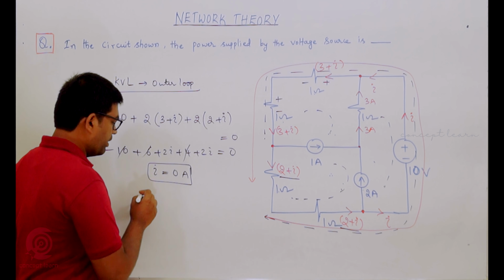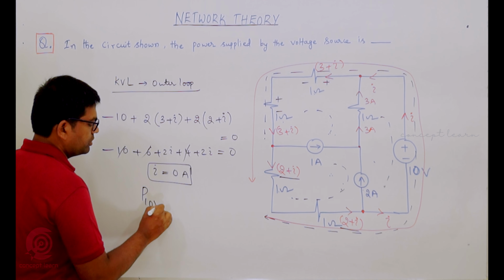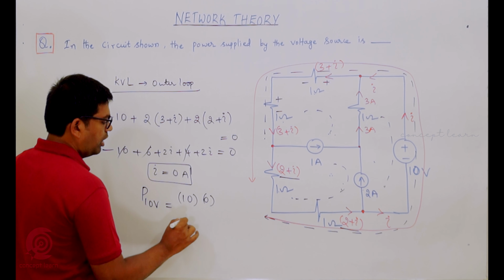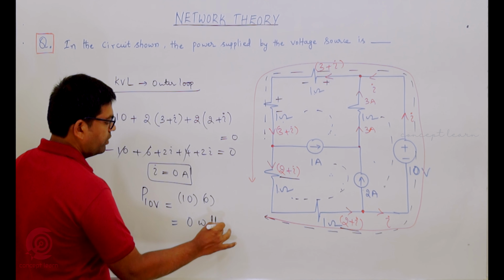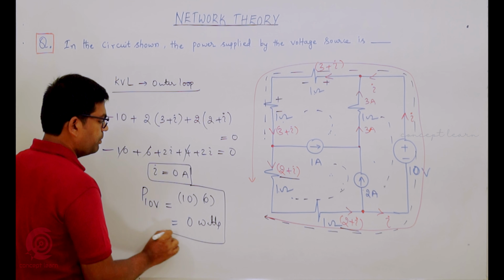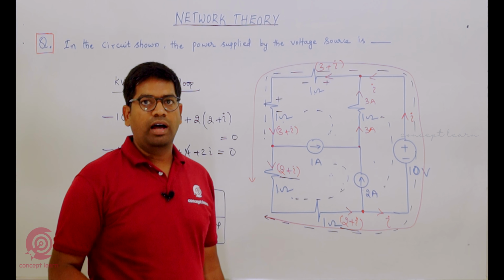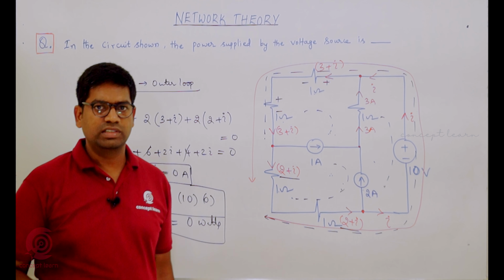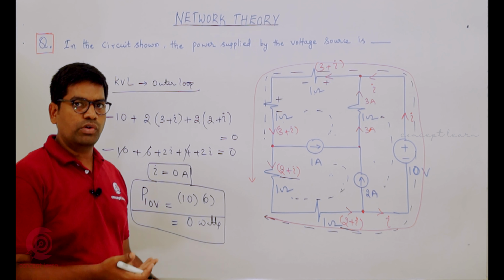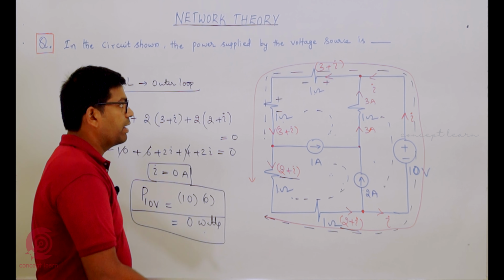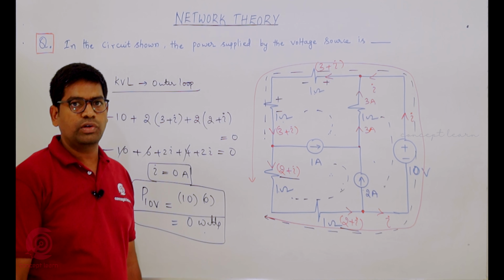So what will be the power supplied by the 10 volt source? Voltage we know, current is 0, so we get 0 watts. It is not supplying any amount of power. It is neither supplying nor absorbing any power, just present there. No current is flowing through this 10 volt source. So the power supplied by the 10 volt source is 0 watts only.